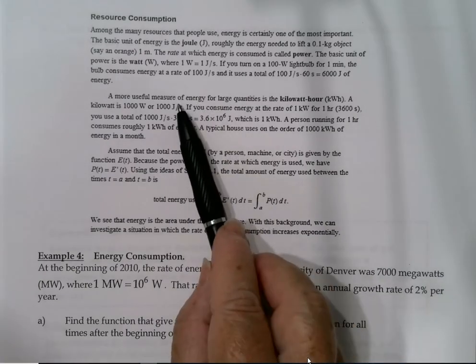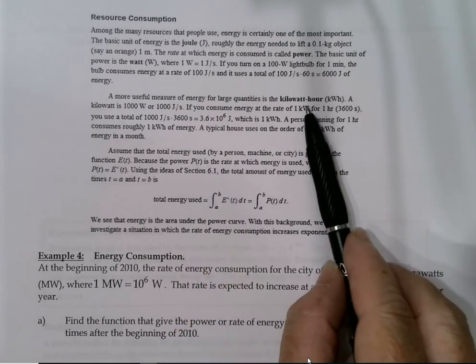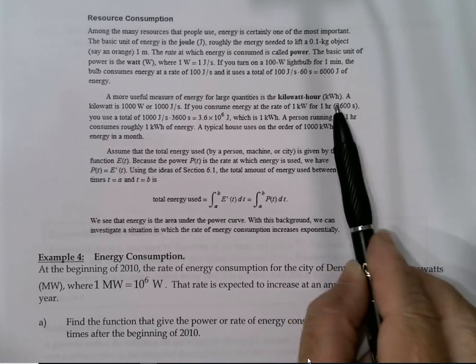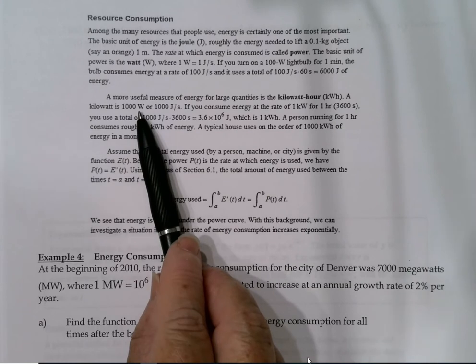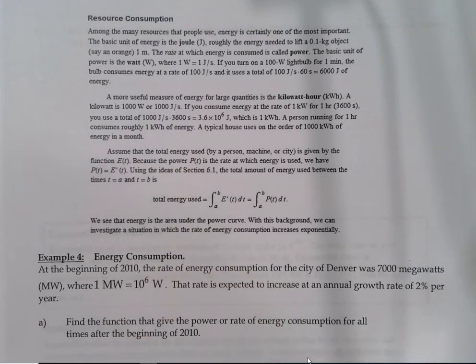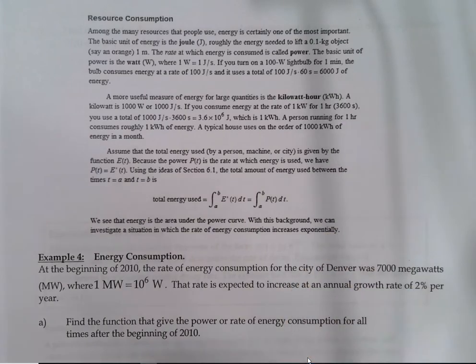And that more useful measure of energy for larger quantities, which we would all be consuming, is the kilowatt hour, kWh. A kilowatt is 1,000 watts, or in other words, 1,000 joules per second. So this would have been 6 joules, or 6 kilowatts, rather.